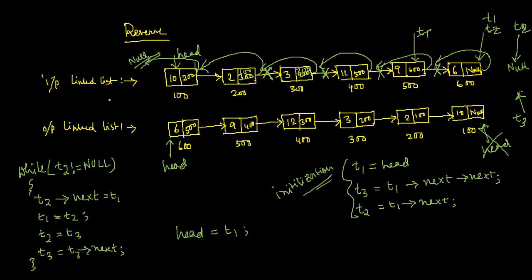So that means before this loop starts, you must write at the end of this initialization that T1, that is currently pointing to the head, T1 next should be equal to null. If you write T1 next equal to null, this becomes null. So now it is okay.